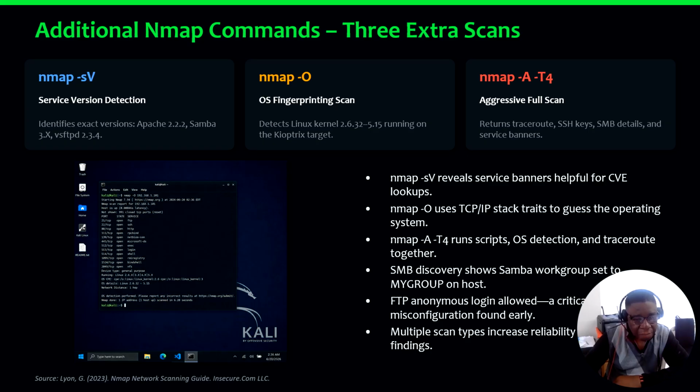Additional Nmap commands: three extra scans using service version detection, OS fingerprinting, and the aggressive full scan, that's nmap -A -T4. The nmap -sV reveals service banners, helpful for CVE lookups. The nmap -O uses the TCP/IP stack fingerprint to gauge the operating system.